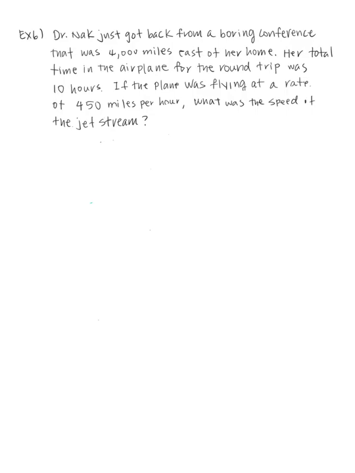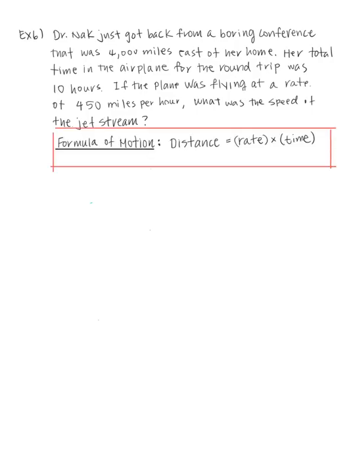And before we do this, we're gonna have to know one formula, and that formula is called a formula of motion. So let me write that out. The formula of motion says distance equals rate times time. And a lot of people memorize this as d equals rt.